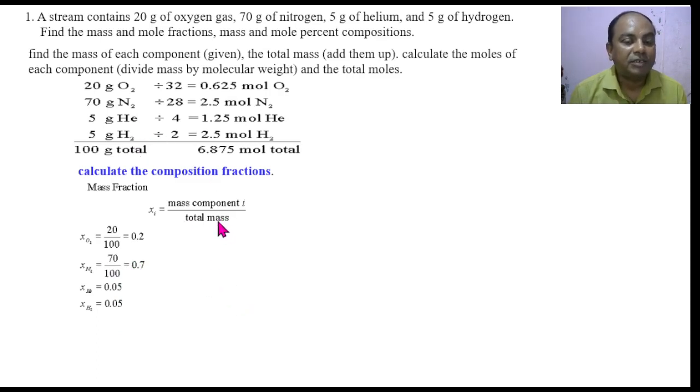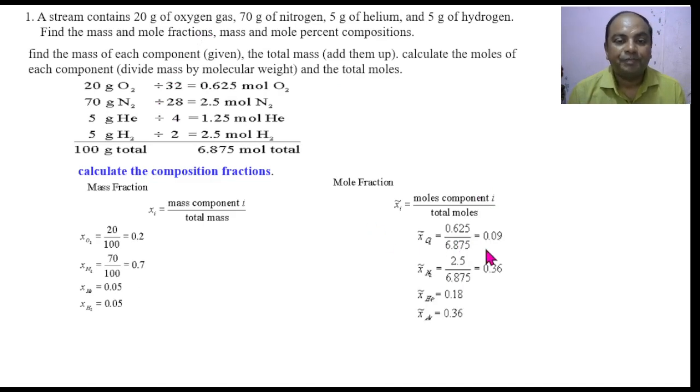So this is the mass fraction. Similarly, we can calculate the mole fraction. The mole fraction formula: mole fraction is equal to the moles of a component divided by the total moles. The moles we have already calculated: 0.625 for oxygen. For the total moles, we sum up all these moles, and it comes out to be 6.875.